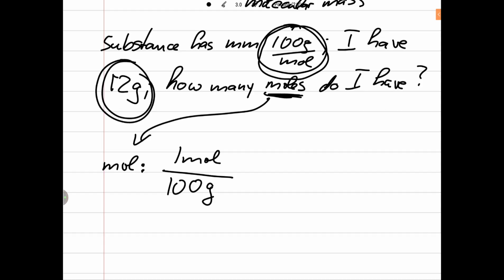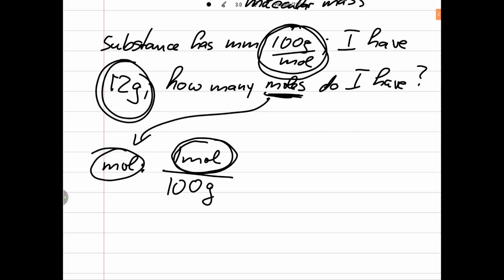Now what I see immediately is that I have my unit of mole that's nicely in place. That is exactly what I want. But what's annoying is that we have this 100 gram down there, if you like, in the denominator.